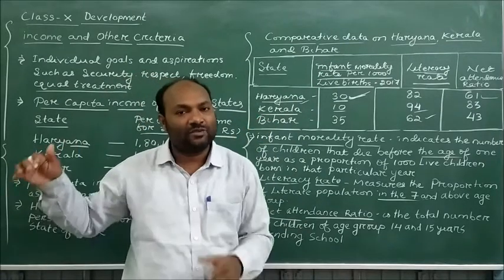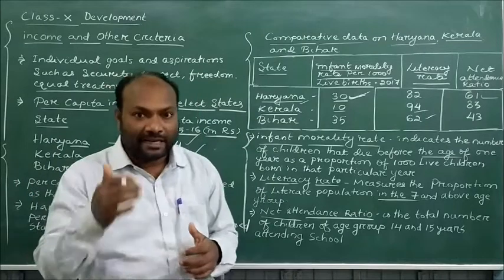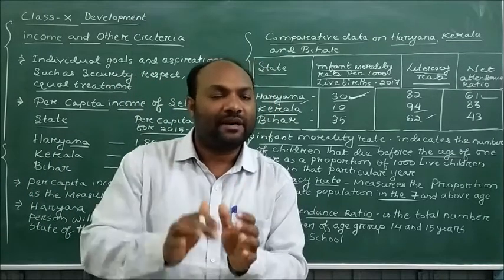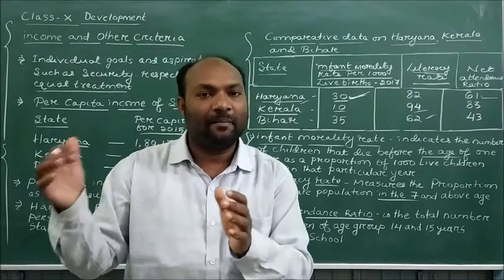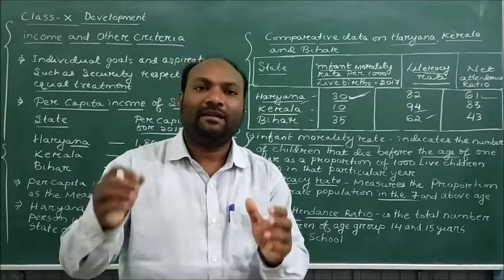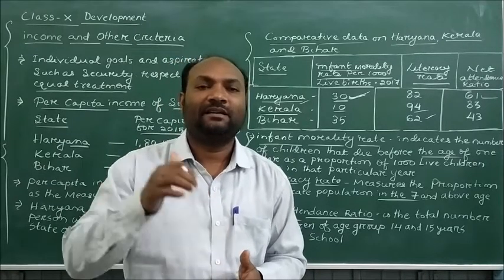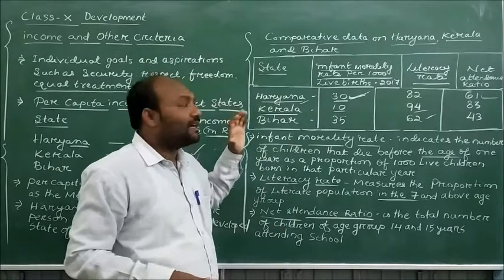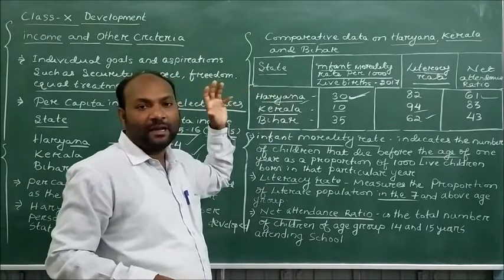As we have already taken per capita income, we understood that Haryana is better than Kerala and Bihar because its income is much better. So here we have three criteria, which I have already told you.